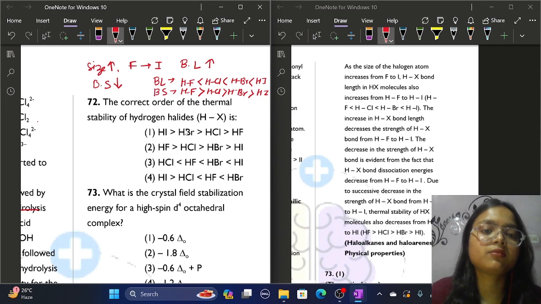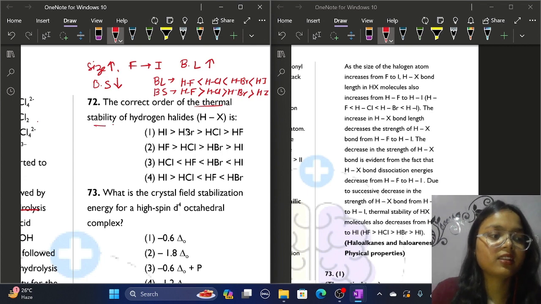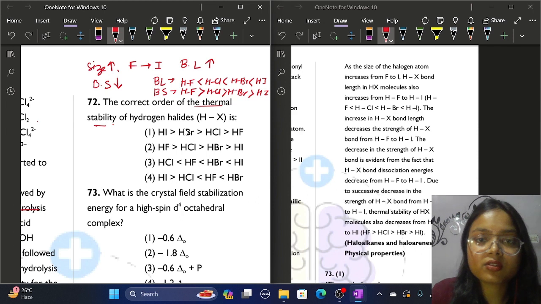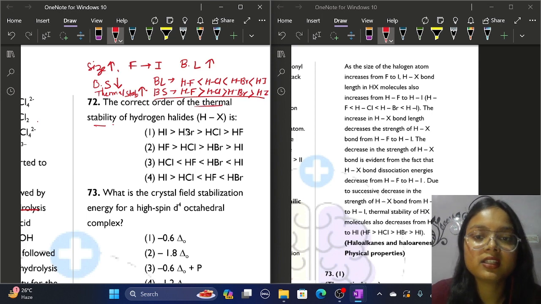As the bond strength increases, the thermal stability will also increase. So this is the order of thermal stability: HF will be the greatest, HCl, HBr, then HI. So option 2 will be the correct one.